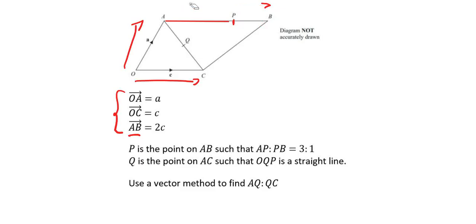That simply means that the fraction of AP is 3 over the sum of the ratio, which is 4, and the fraction of PB is 1 over the sum of the ratio, which is 1 over 4.